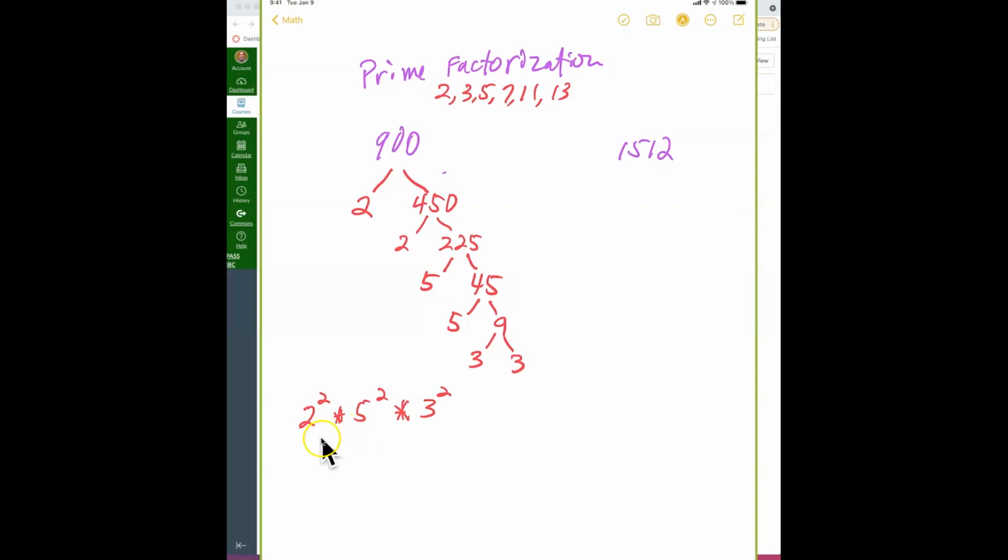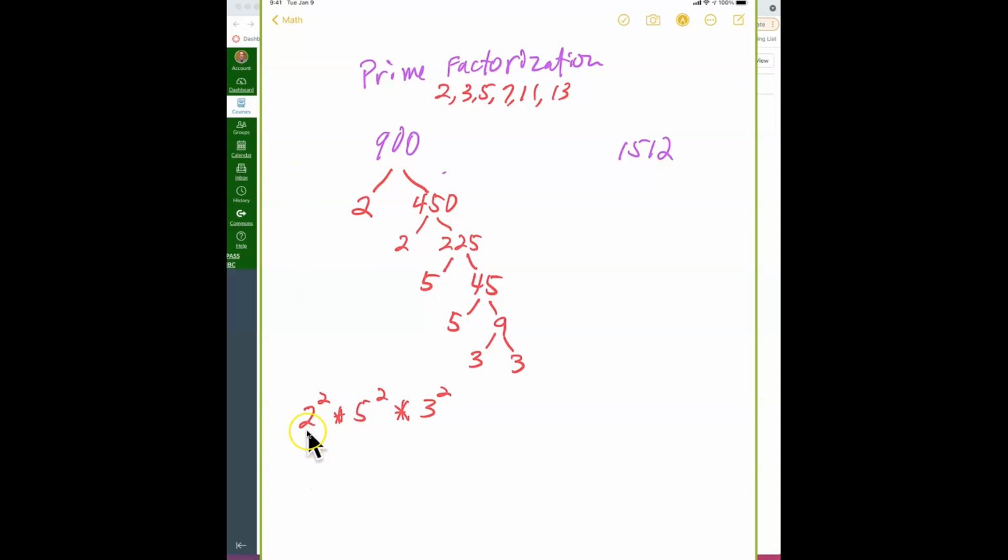Because prime numbers can't be reduced by any other factors, this is the set of numbers that can produce 900, and it can also reveal some mathematical qualities about this number, and we'll learn about that in the next lesson when we are looking for least common denominator, the least common multiple, and the greatest common factor. So those will be coming up soon, so stay tuned.